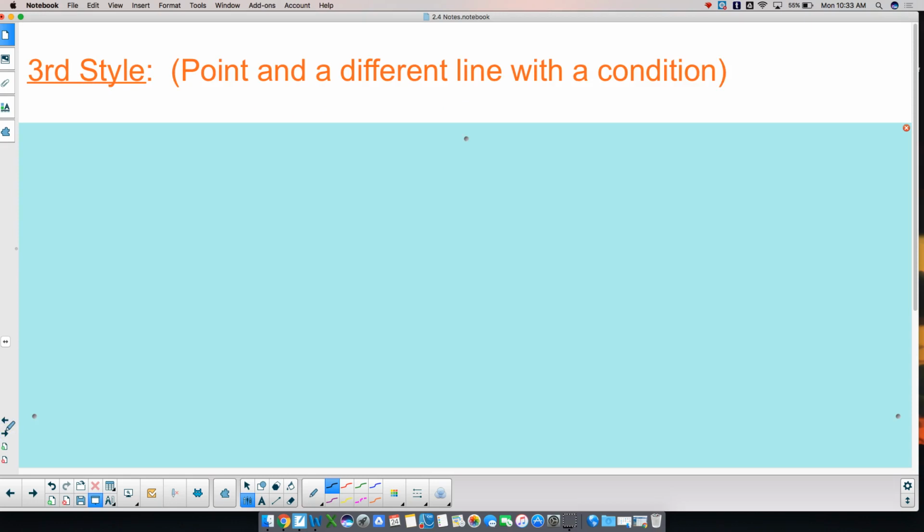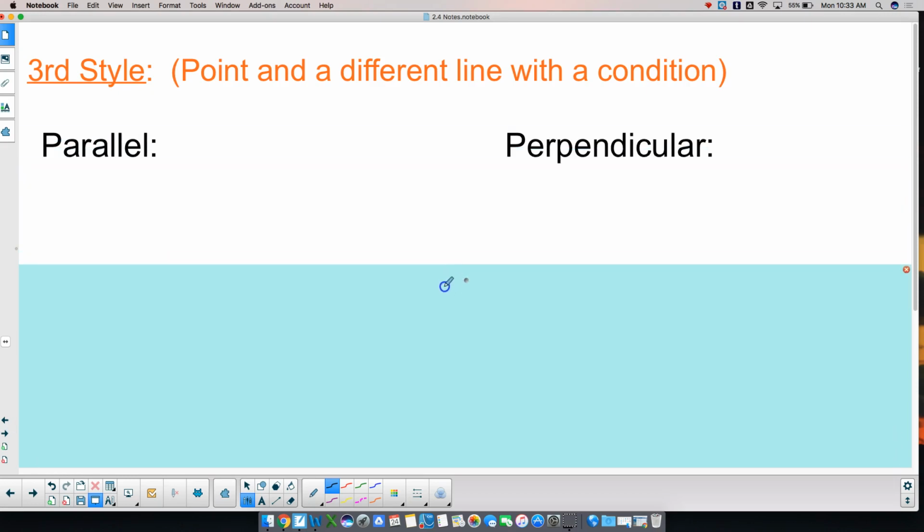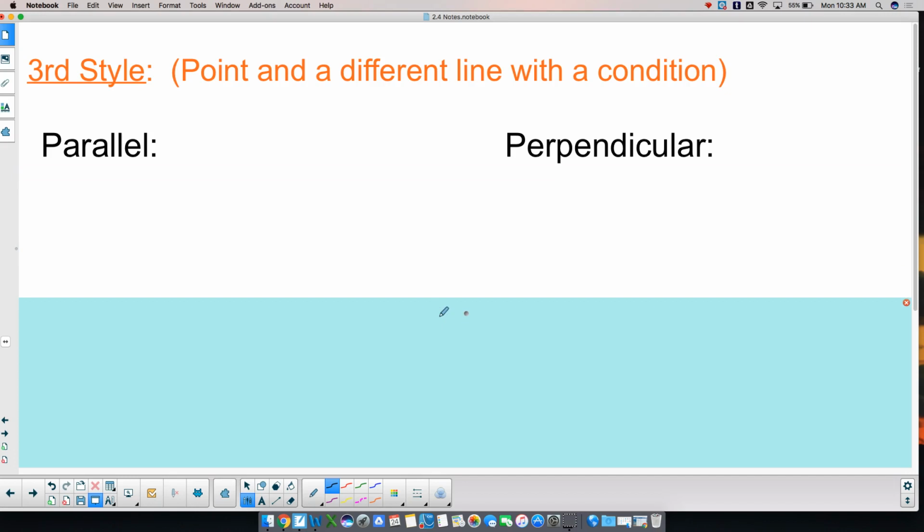The third style is you will be given a specific point and a condition. And the condition that you will be given will be, I want a parallel line or I want a perpendicular line. Remembering from last week that in parallel lines, the slopes are equal.